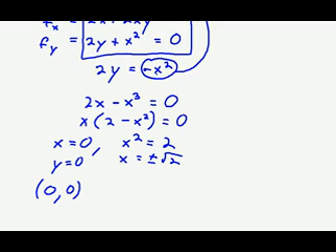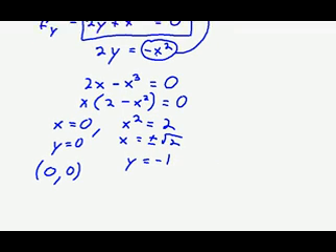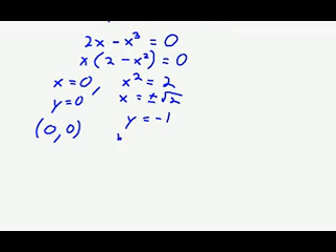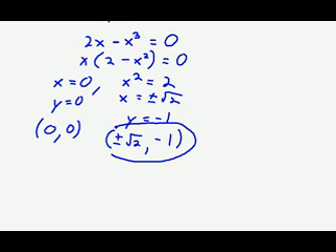You'll end up with negative 2, so 2y equals negative 2, or y equals negative 1. So you get the critical points plus or minus radical 2 comma negative 1. But these critical points are not in D, so don't worry about them, throw them out.